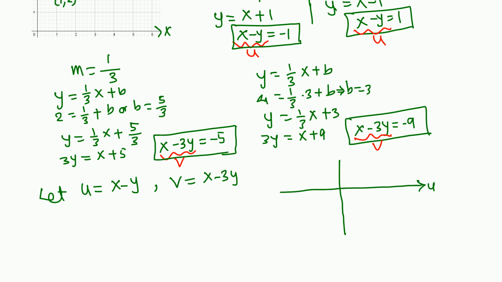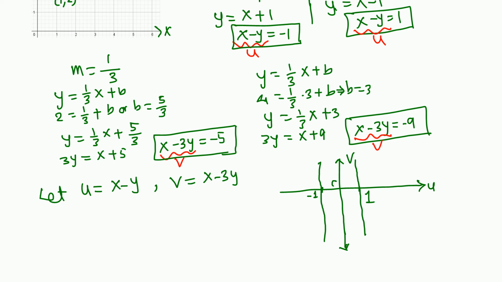UV. I'm getting negative, so I'm putting a lot on the lower part. U, this is V, so U equals -1. So this is U, -1 here. Okay, a vertical line, U equals -1 and U equals 1. Another vertical line here, then V equals -5.